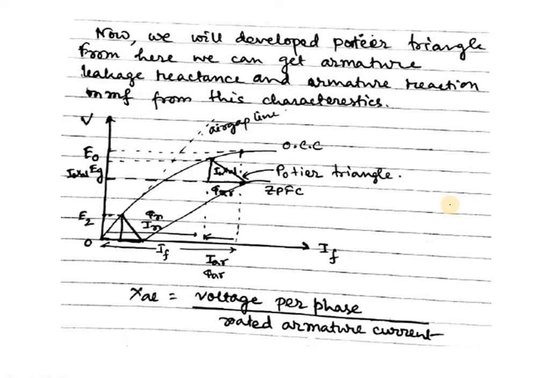Consider point V on the ZPFC corresponding to the rated terminal voltage V. This is the V point, and the field current is ON. This is O, and this part is O.